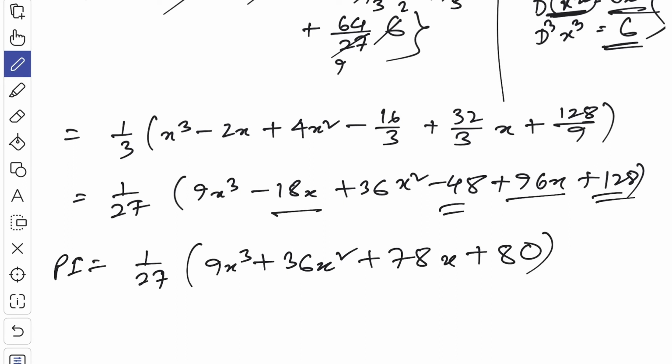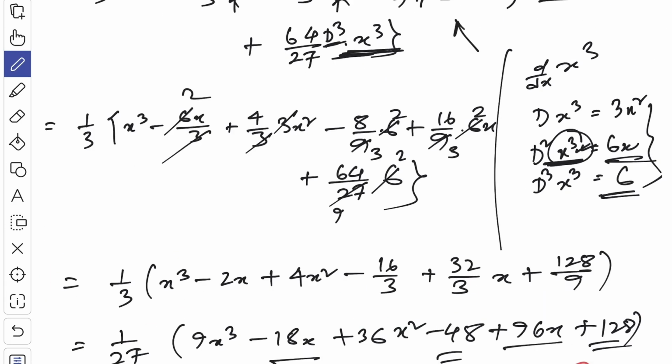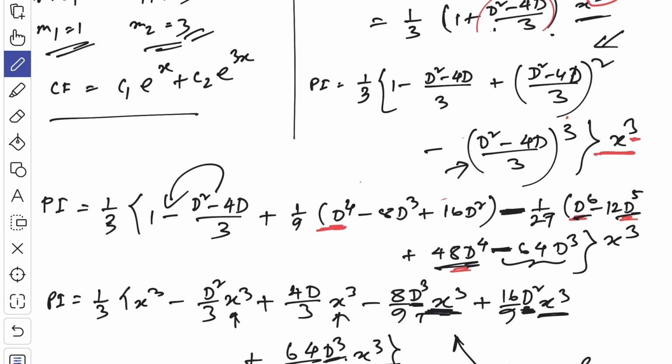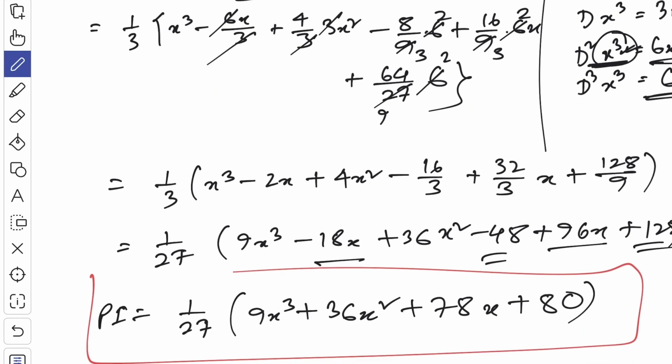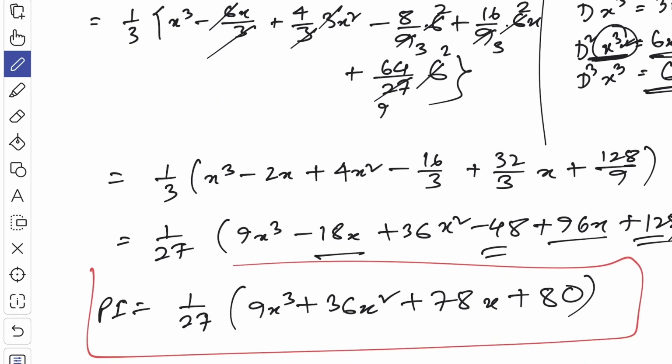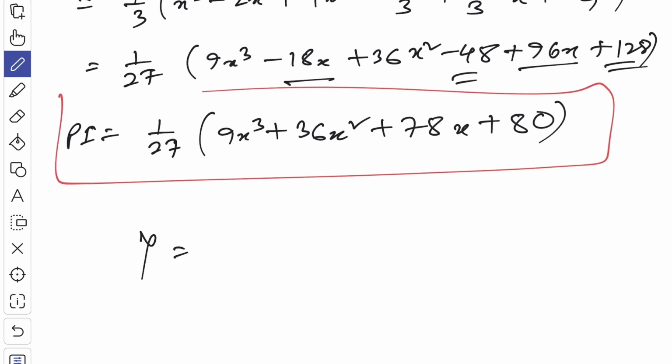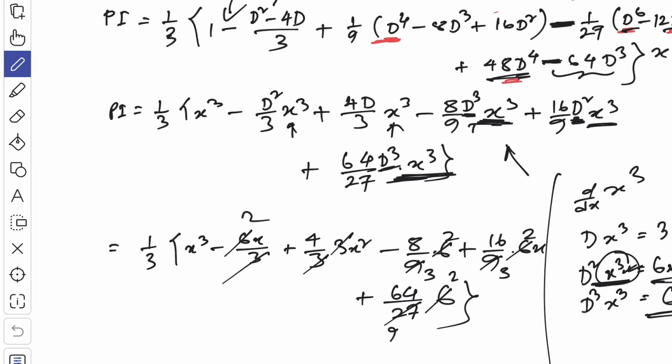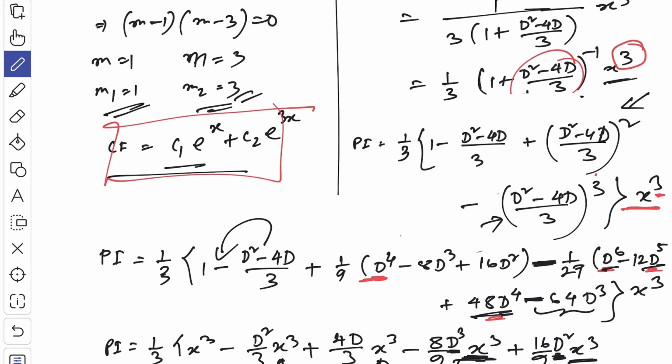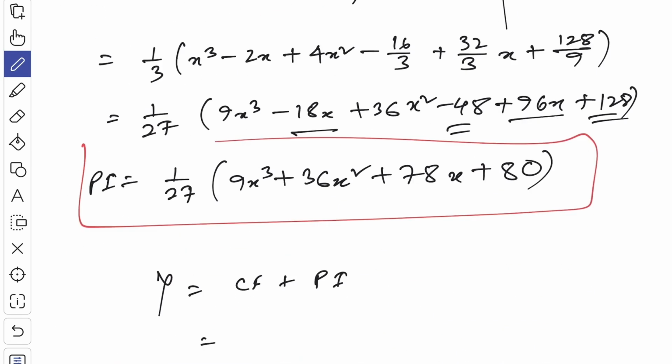So we have got pi, and we have already got cf also. So this is our pi, and our cf was this one. This is our cf. So we have got cf and pi. So that's why the solution is given by y is equal to cf plus pi. So cf is equal to c1 e to the power x plus c2 e to the power thrice x.